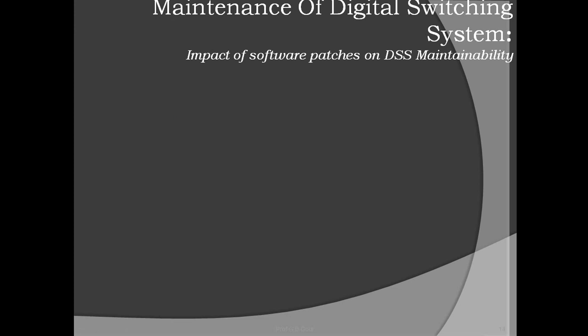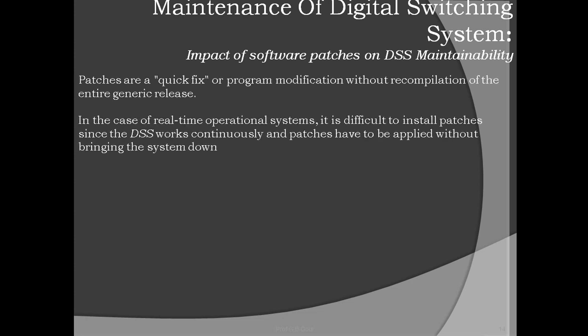So what is the impact of such outages? That we have seen. What is the impact of software patches on the maintainability? Patches are a quick fix or a program modification without recompilation of the entire generic release.